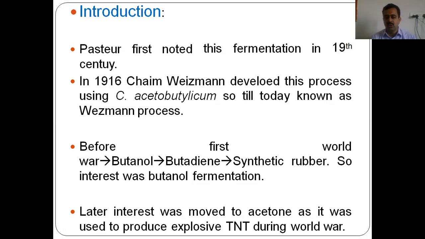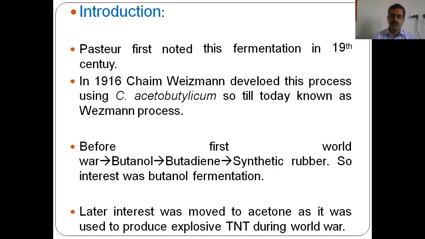Before the First World War, the interest was in butanol, butadiene and synthetic rubber, so interest was in butanol fermentation. Later, interest moved to acetone as it was used to produce the explosive TNT during the World War.